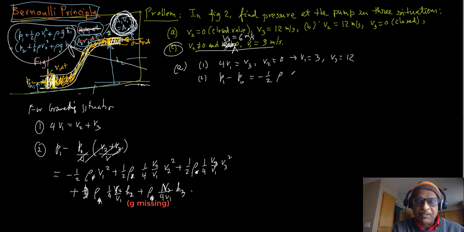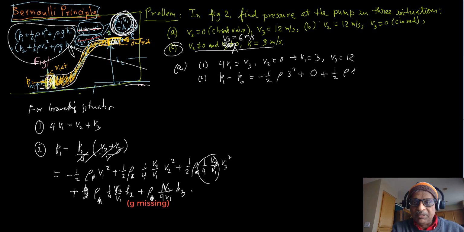So this is 3 square plus V2 is 0, rho. Now V3 over 4V1, this just goes away.